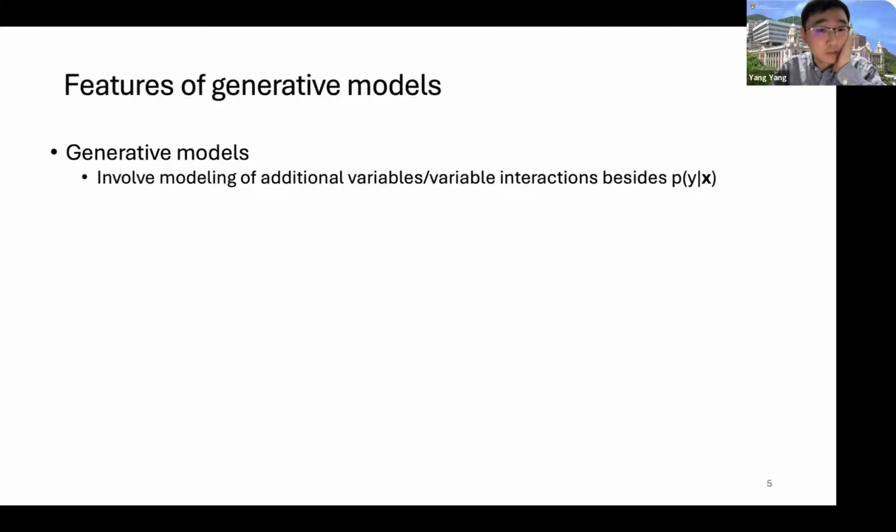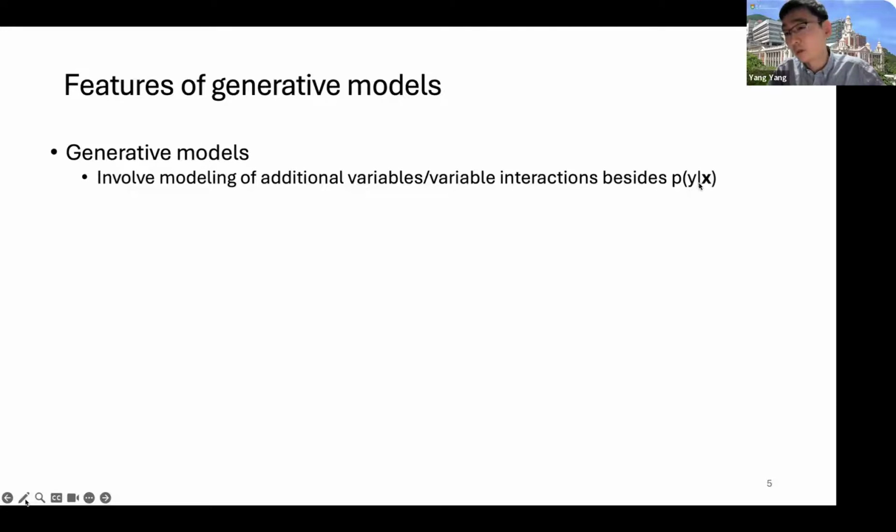So here come the features of generative models compared to the conventional model. A generative model always involves modeling additional variables or variable interactions besides the predictors we are interested in, where given some input, we want the model to predict some output.